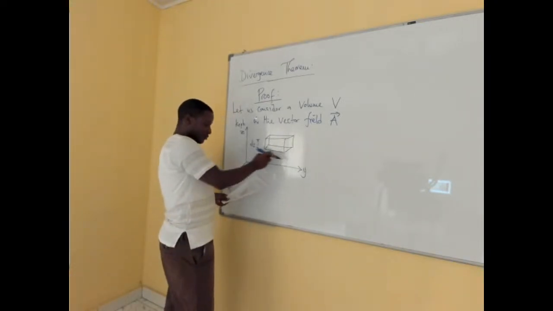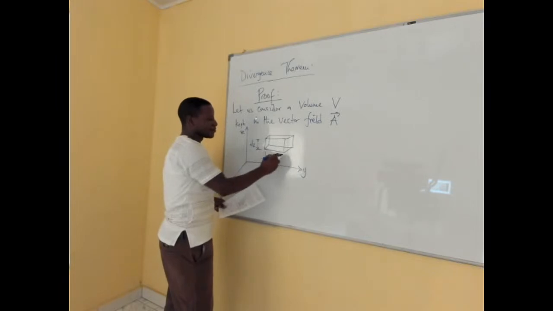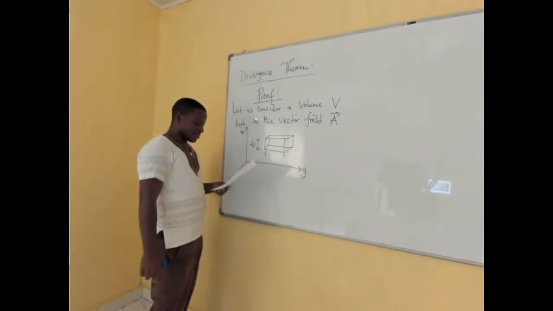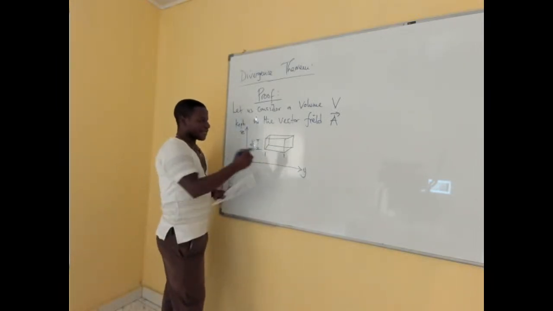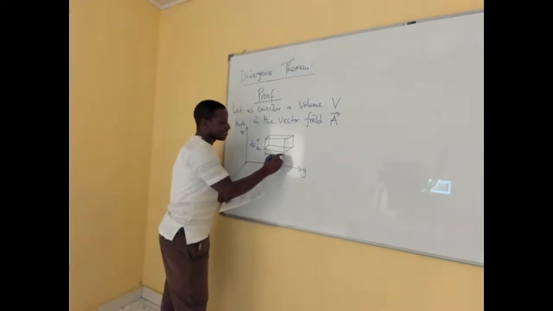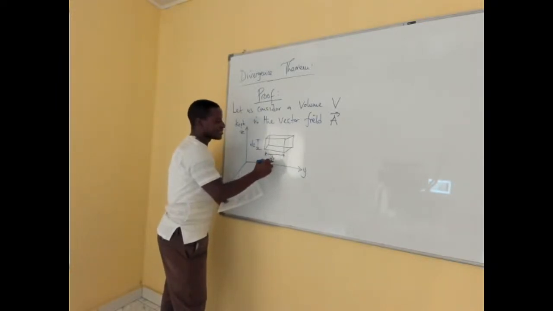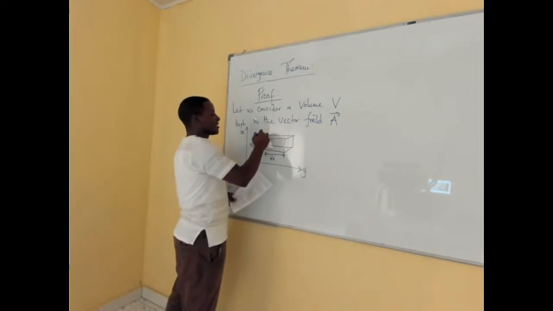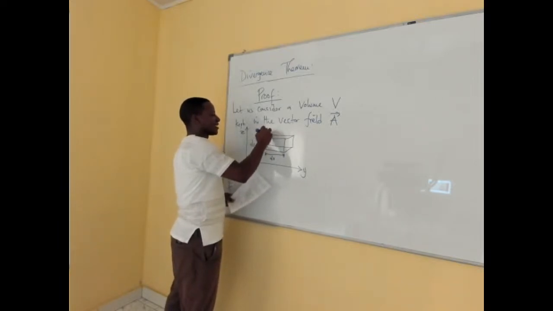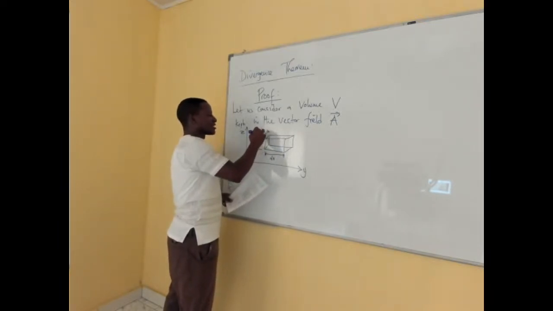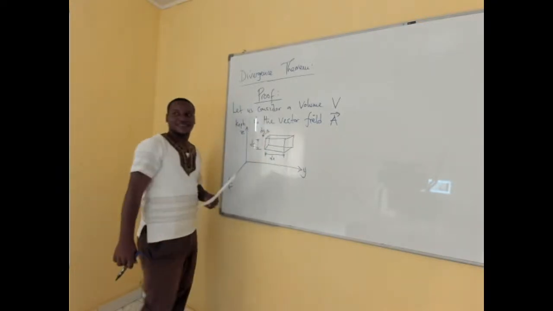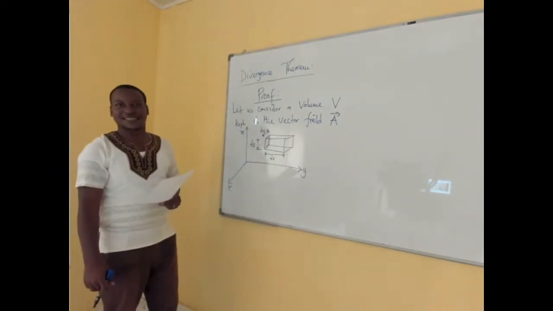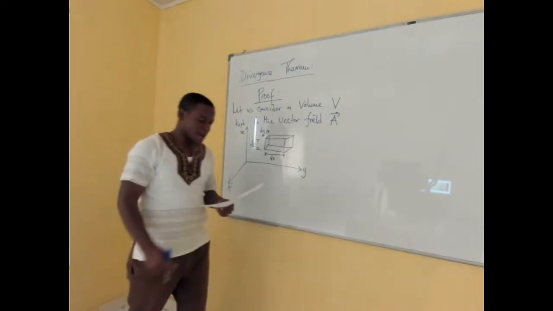The other component, from here up to there, we shall call X. Then this other component here, we shall call Y. Are we together?